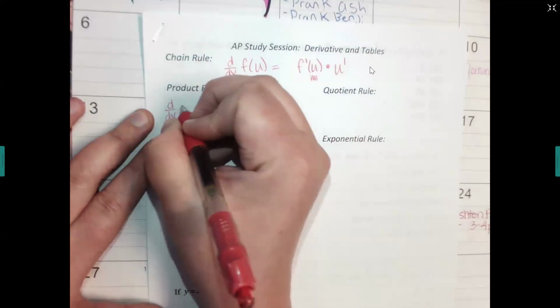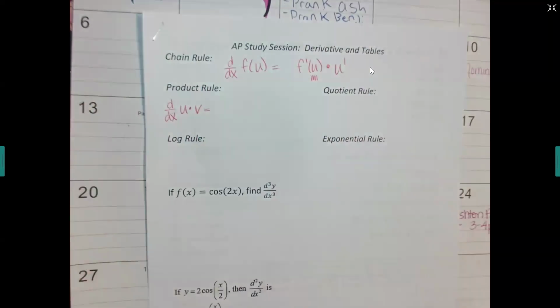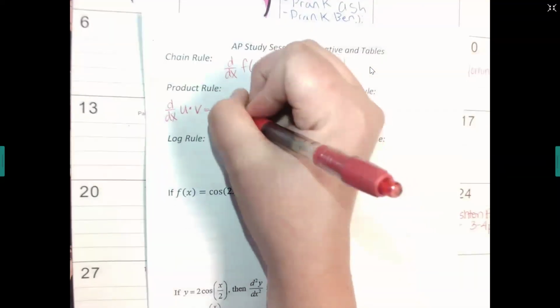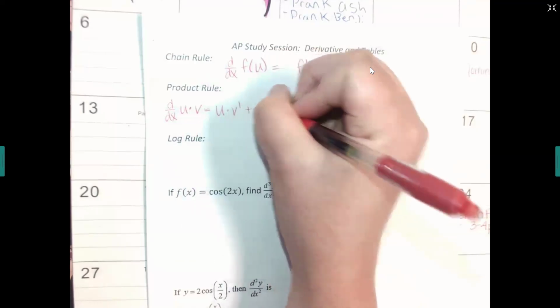Product rule is the derivative of u times v. And you'll remember when we do it, but you'll write u and v separately, take their derivatives, then do the little cross product. So it'll be u v prime plus v u prime.